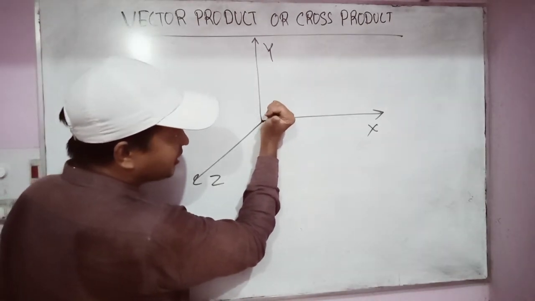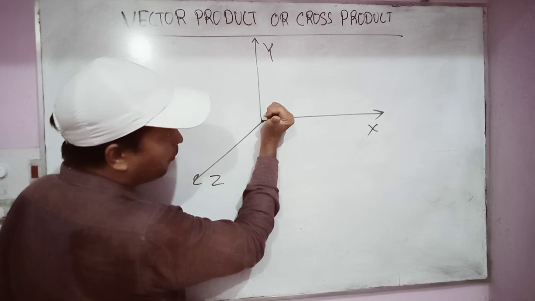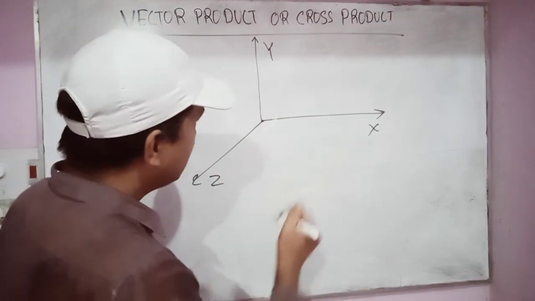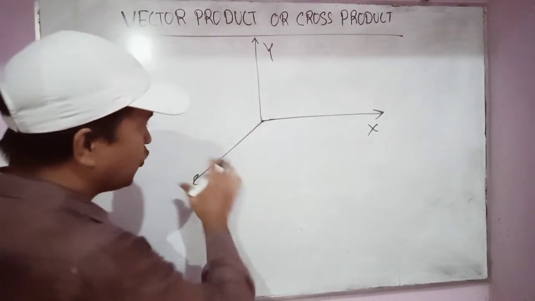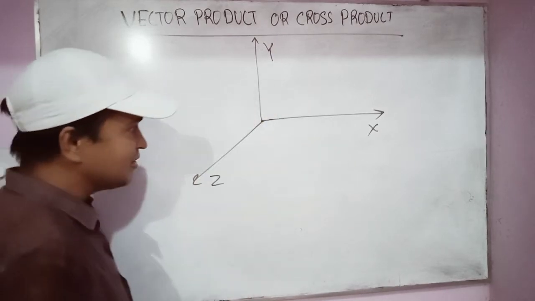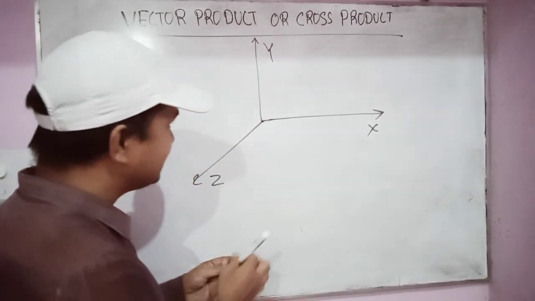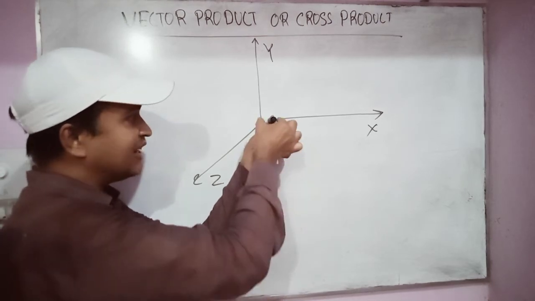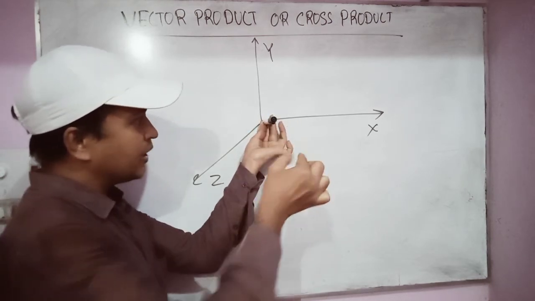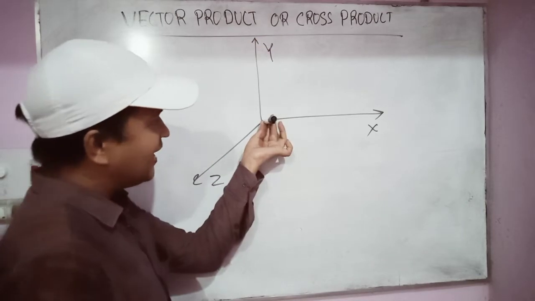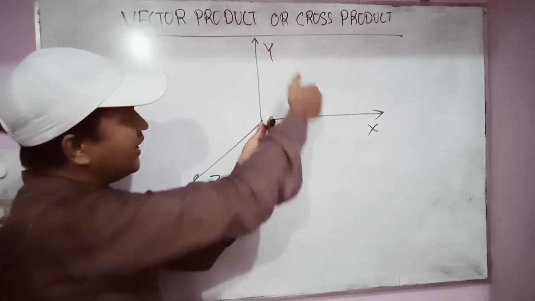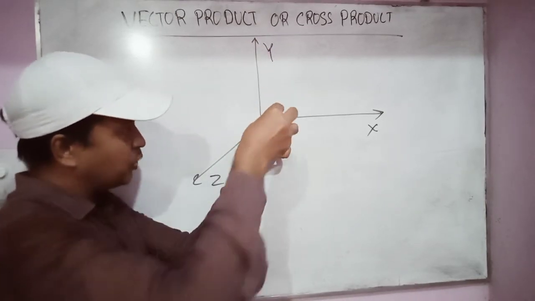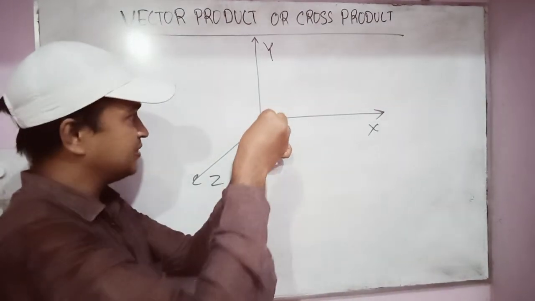Then the direction of the thumb gives the direction of the positive z axis. So we have drawn this diagram in 2-dimensional space, but actually the z axis is like this. This is the positive direction of the z axis, that is going out of the board. X and y axes are in the board and the z axis is perpendicular to the board and coming out of it, the positive direction of the z axis.